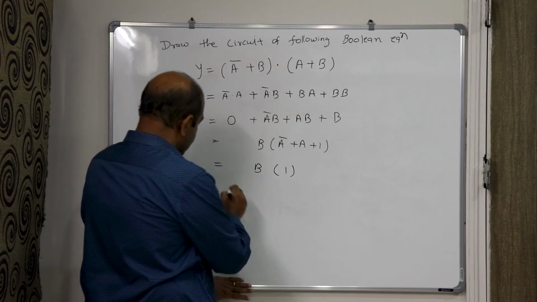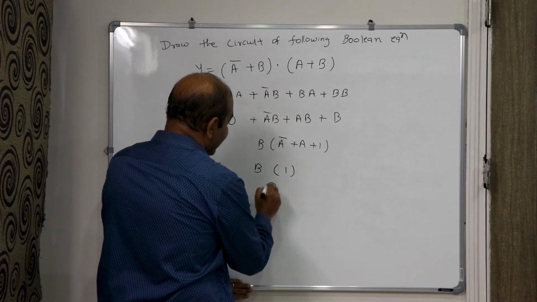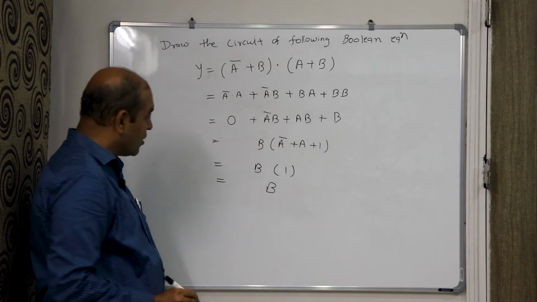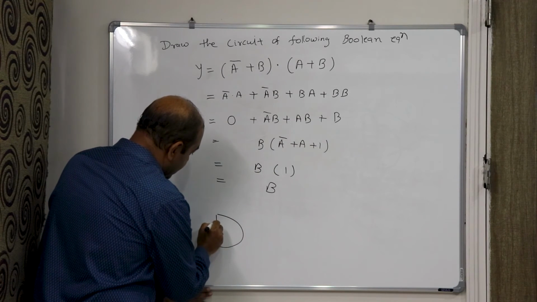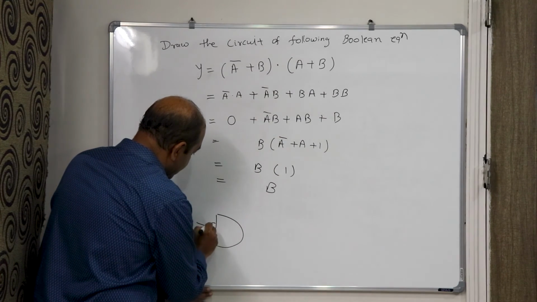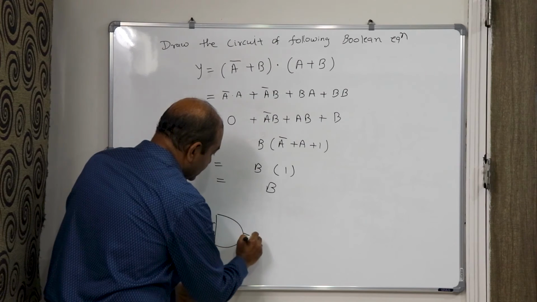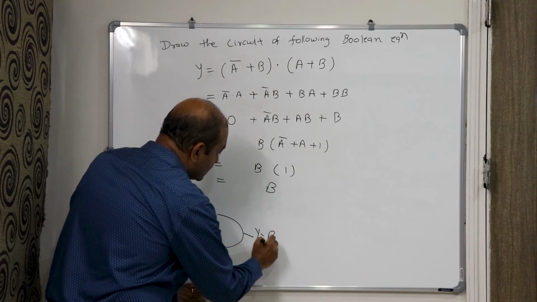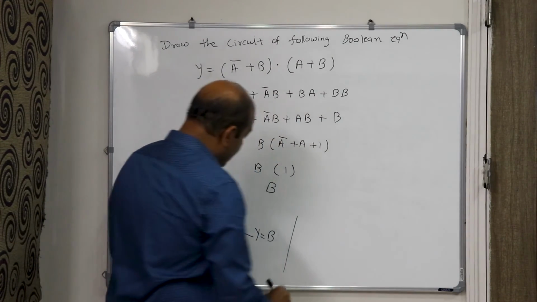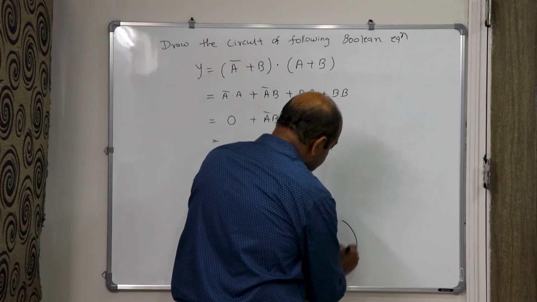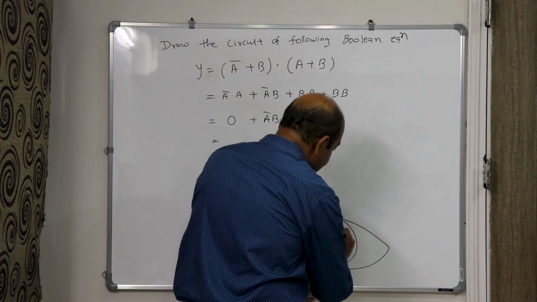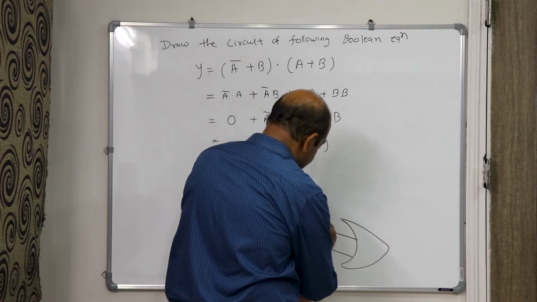B dot 1 is B. Again, it is the job of a single gate. You can solve either by using an AND gate or by using this one.